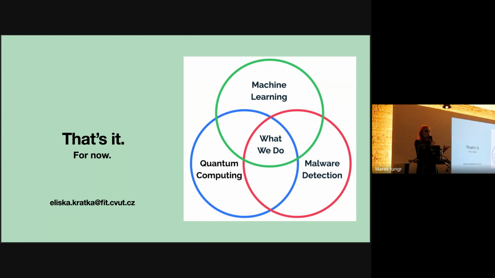The better use case is to look at problems which have small data sets by the nature of the problem. It doesn't have to be malware detection at all. It can be, for example, medical data. You have data from just a limited number of patients, and on these data you want to train the best classifier, but you are limited by the amount of data.